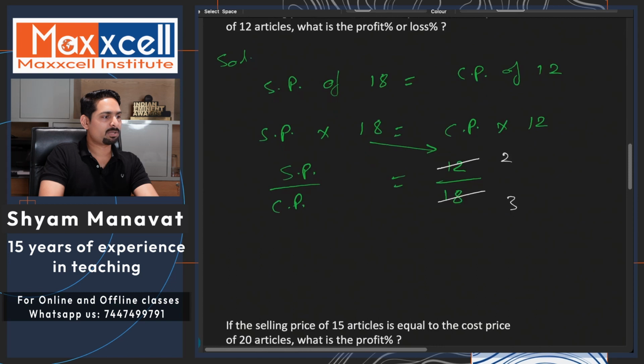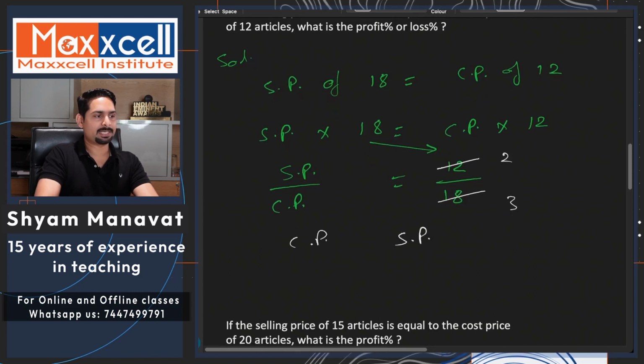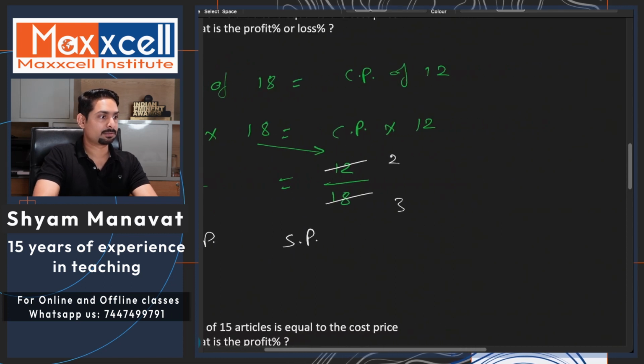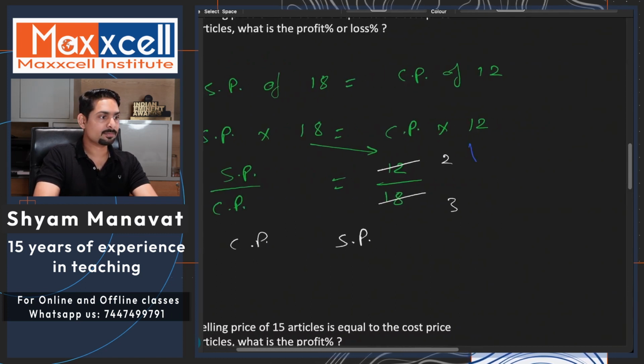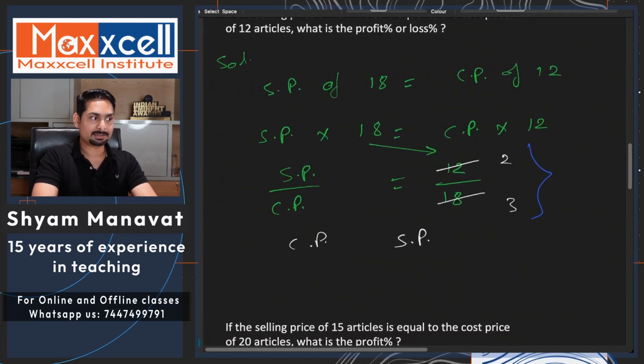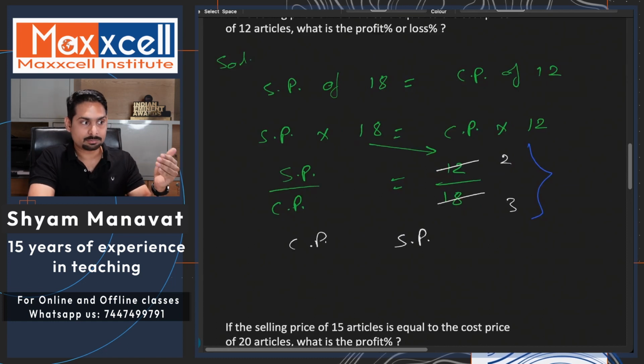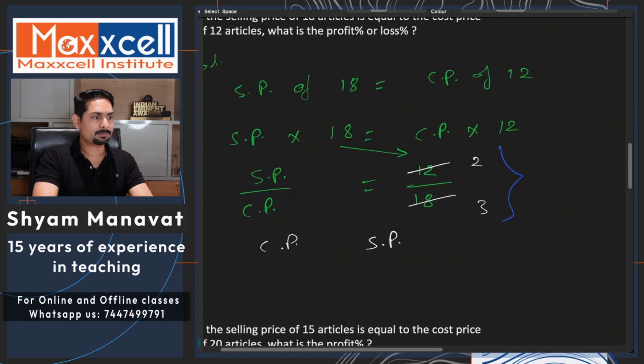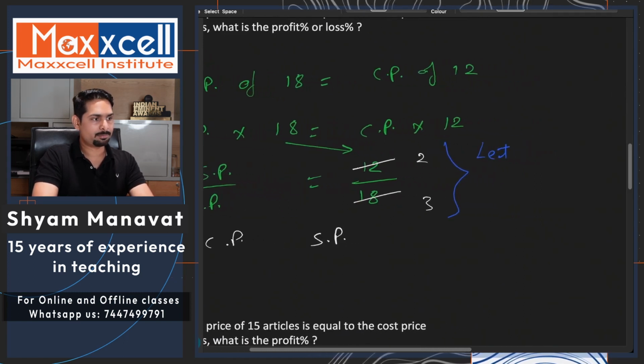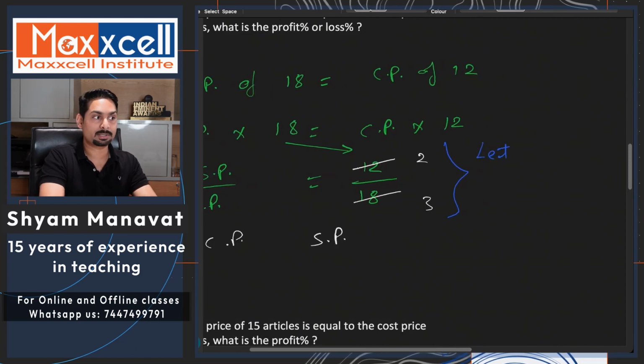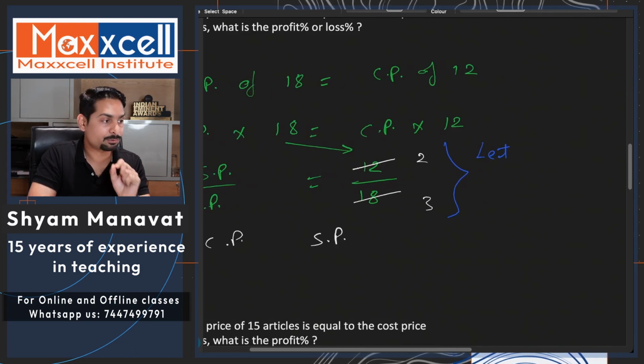Tell me, if I compare cost price and selling price, which one is higher? Before that, by having this condition, selling price by cost price is equal to 2/3, we can assume that numerator equals numerator and denominator equals denominator. This is just for the sake of having a shortcut. I repeat, that is just for having a shortcut.